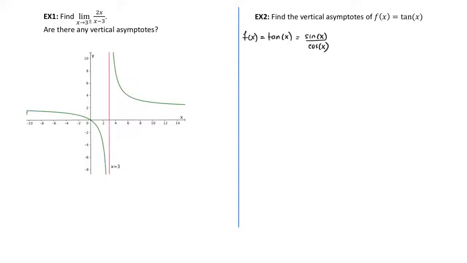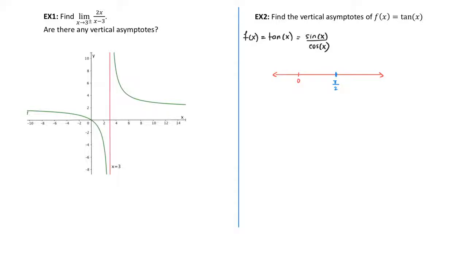And we know that there are infinitely many x values that are going to make cosine of x 0. One of those x values that we can think pretty much immediately is x equals pi over 2. So why don't we analyze what happens to the y values, to tangent around pi over 2.